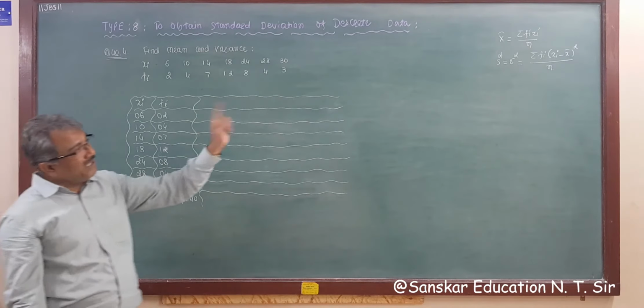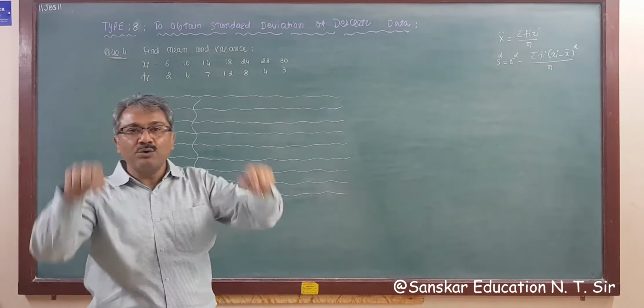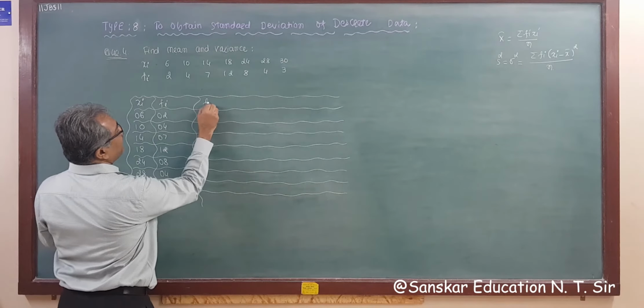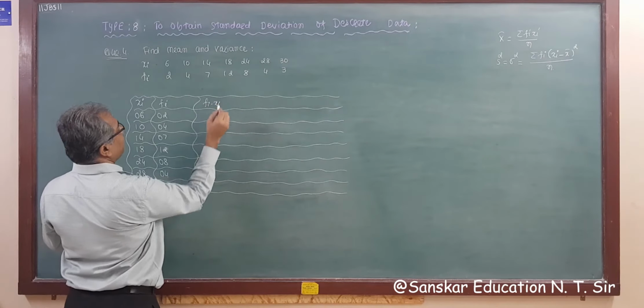Now what we require for the mean is sigma fi into xi, so I am writing fi into xi.